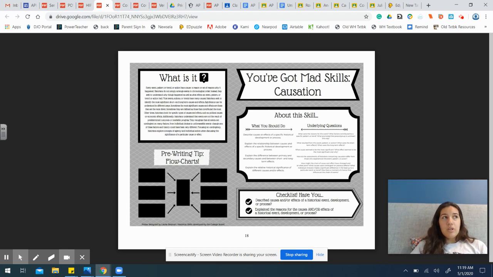So, causation. This is what you practiced when you did your World War One post the other day. You looked at the different things that may have caused World War One to start. Now, some of them had a bigger impact on World War One than others.